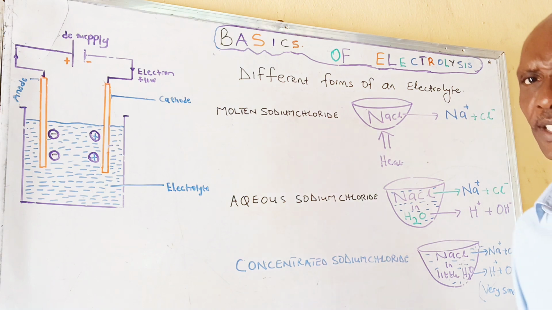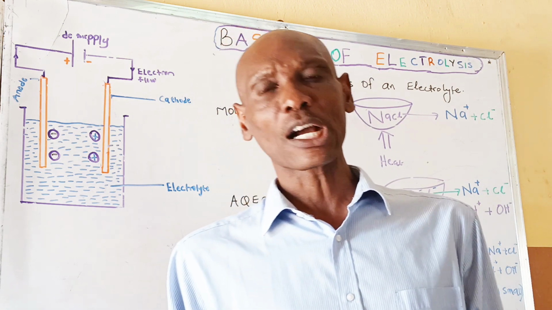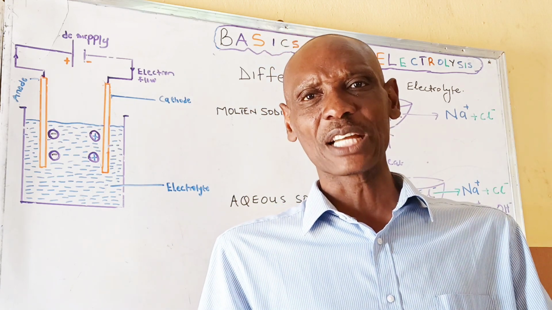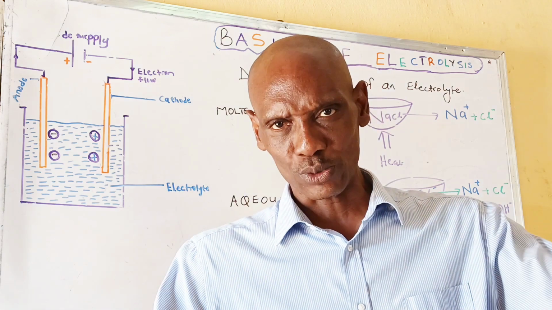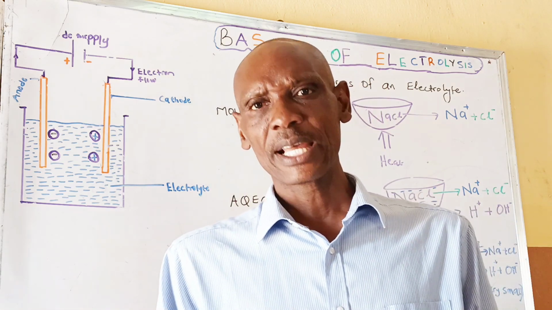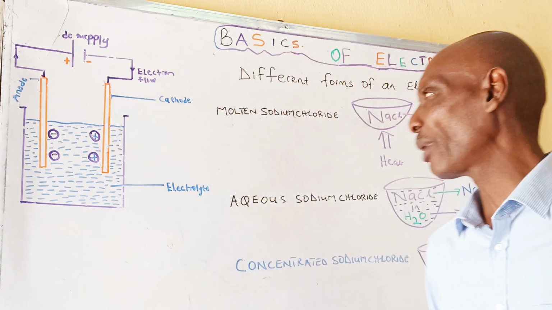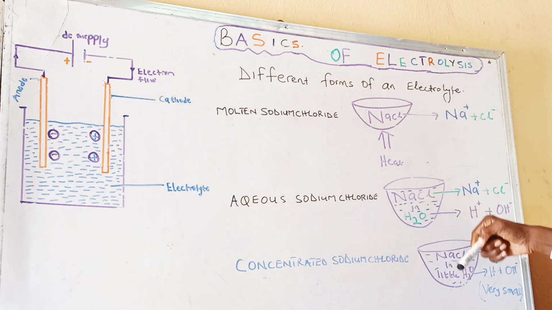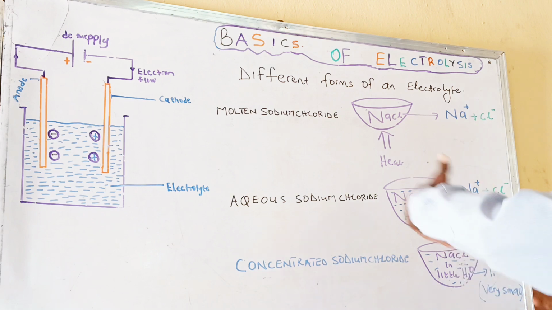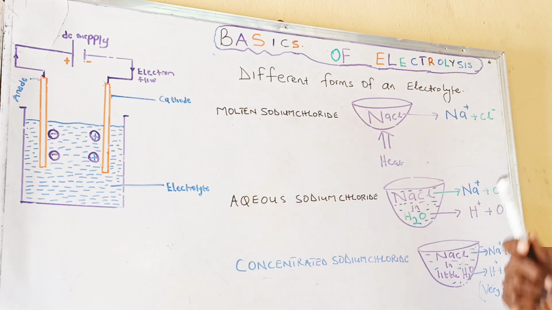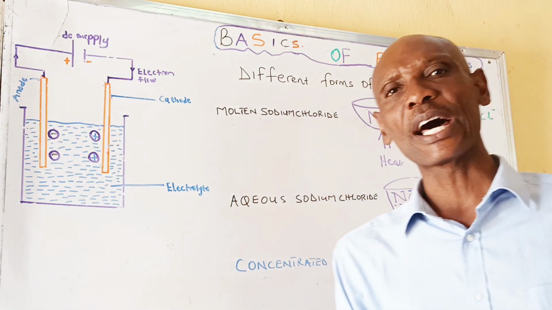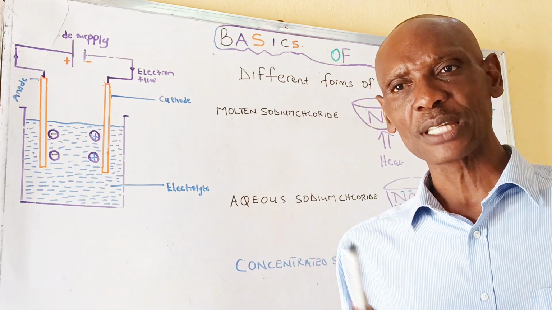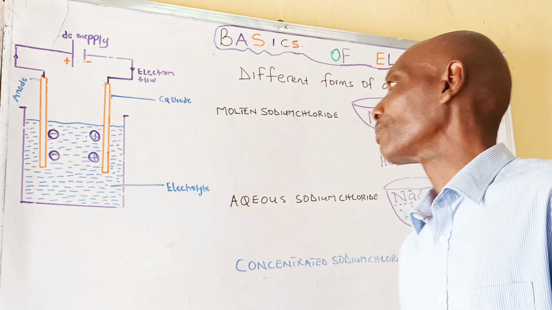Now, the process by which a compound that consists of oppositely charged ions has the ions separated out is called ionization. In a nutshell, ionization is the breaking of a compound into its component ions.